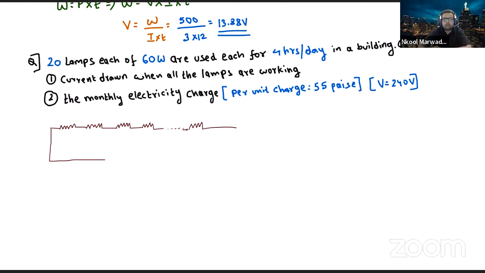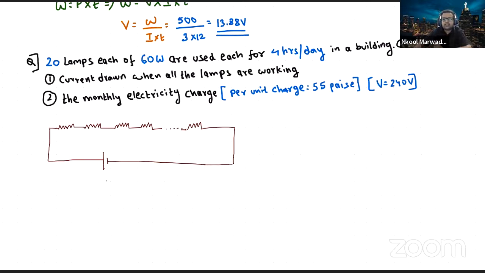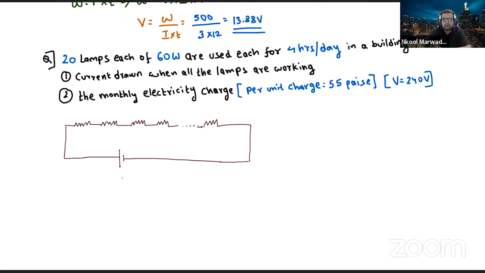240 volt. And since AC is not specified, by default we have to consider it to be DC, because if it was AC, then the method was different. That we will discuss later on. We will discuss AC circuits also. So this is 240.